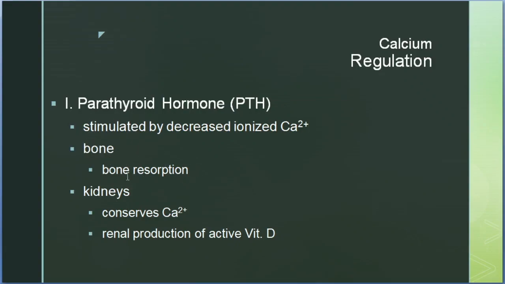There will be bone resorption, in which activated osteoclasts break down bone and subsequently release your calcium into your ECF so that the calcium level increases. In your kidneys, it conserves your calcium. There will also be renal production of your active vitamin D. In the kidneys, it increases tubular reabsorption of your calcium ions.